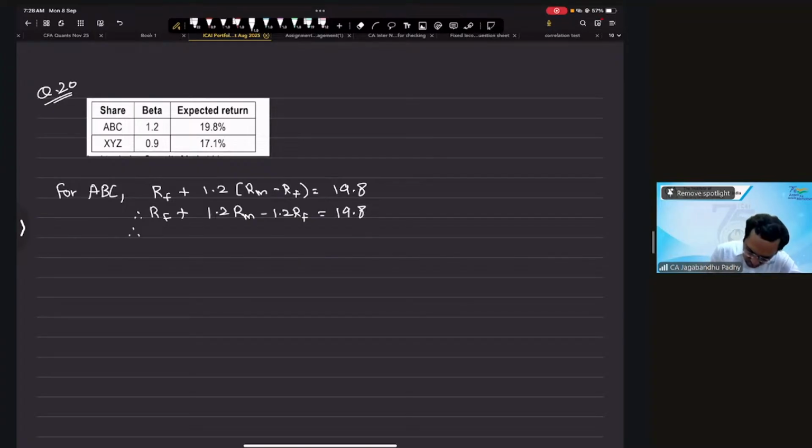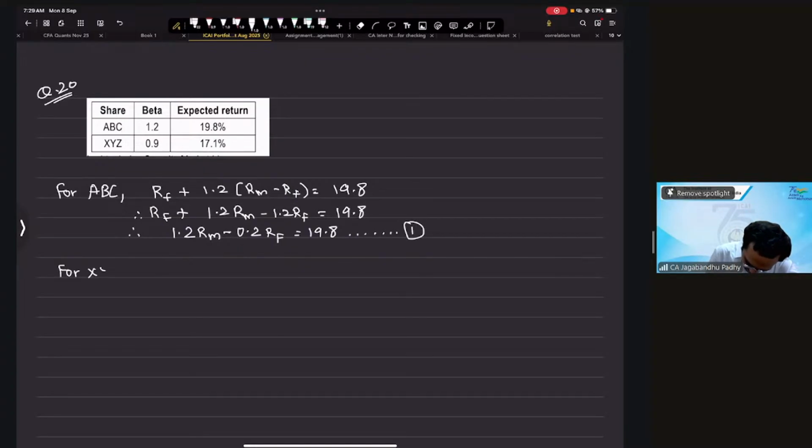Bringing together, 1.2 RM minus 0.2 RF is equal to 19.8. So this is equation number 1.